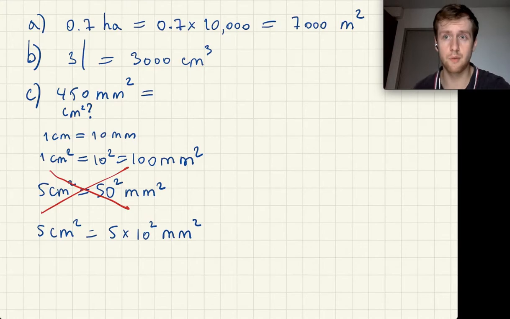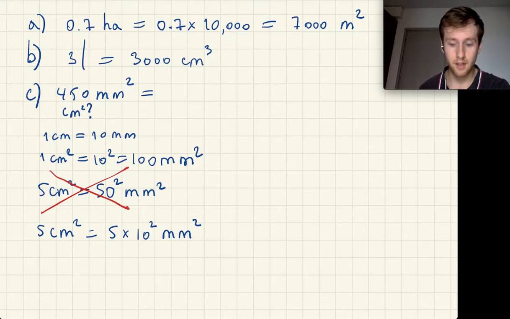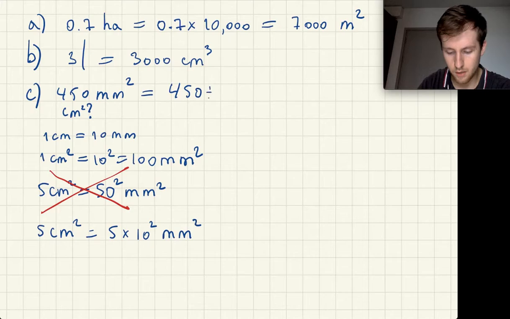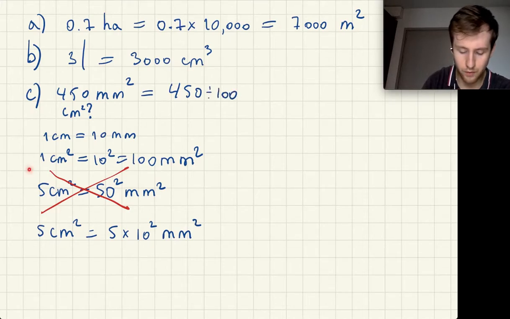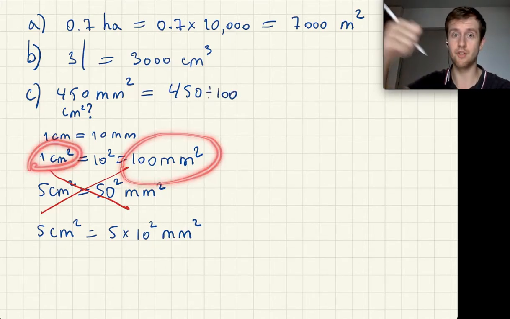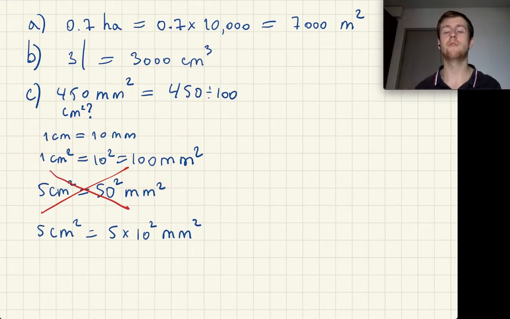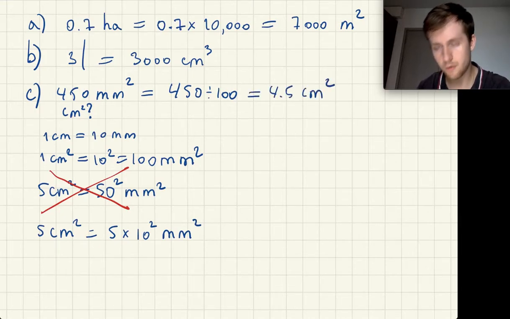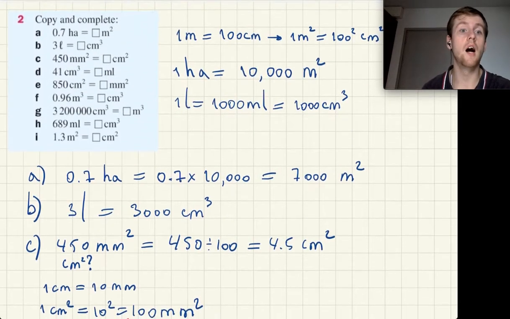This is the way you should do it. So 450 millimeters squared. Now that we figured out the unit, we can do the thing, right? So 450 divided by 100, because 1 centimeter squared is 100 millimeters squared. So we just have to divide it by 100. So 450 divided by 100 equals 4.5 centimeters squared. That's it.